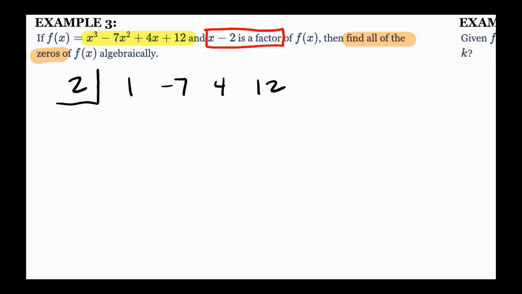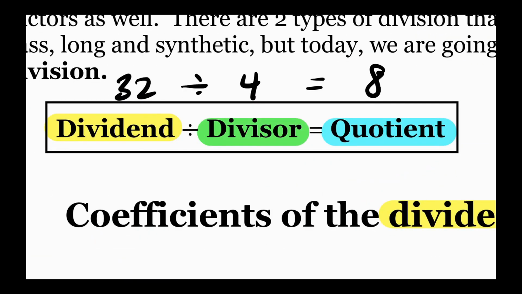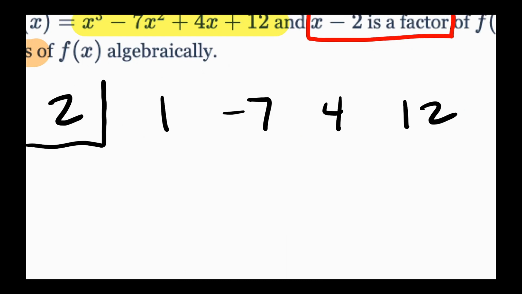That's why it's a factor. Factors go in with no remainder, right? When we did the first one here, this little problem here, 32 divided by 4. 4 is a factor of 32. Why? Because there's no remainder. It went in evenly, right? Same thing.